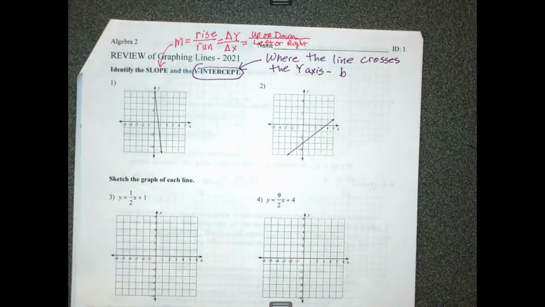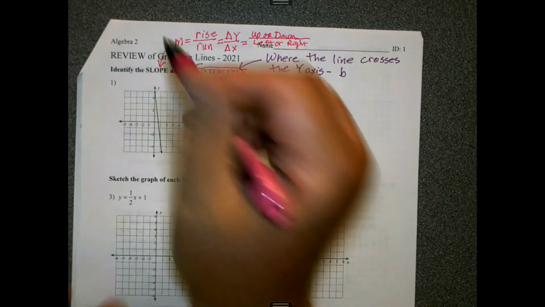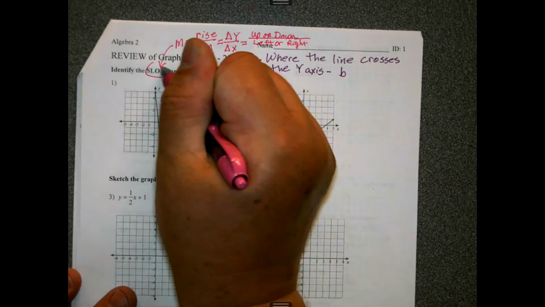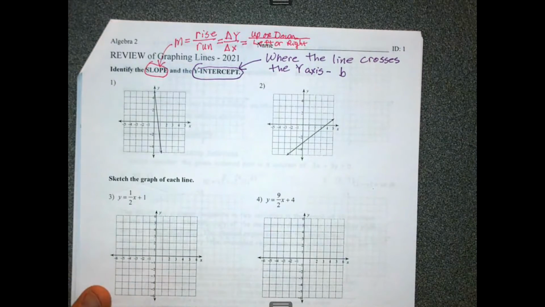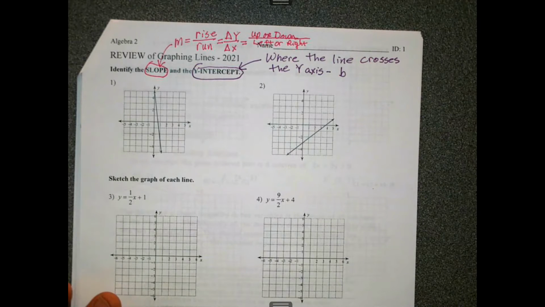Okay. So on these first two problems, all they want us to do, they give us some lines. They want us to come up with the y-intercept and the slope.